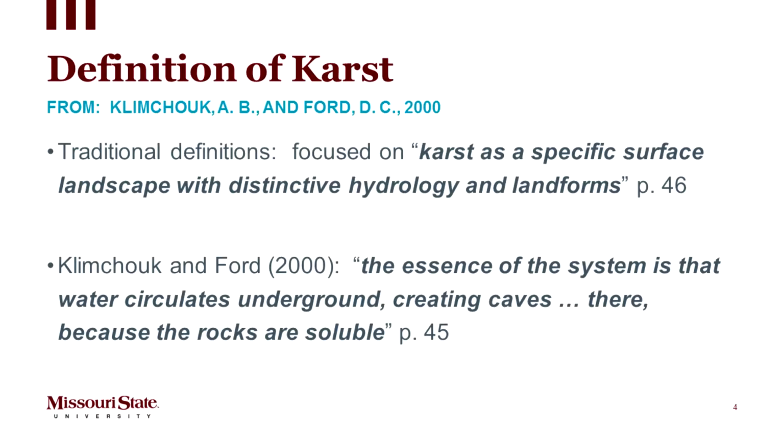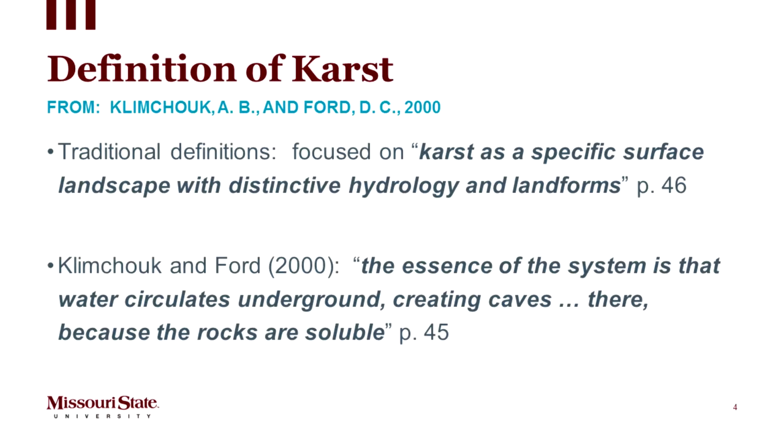So I'm going to take us back and revisit something from an earlier lesson just to bring us all up to speed on what the definition of karst is. Traditionally, the definition has been something like karst is a specific surface landscape with distinctive hydrology and landforms.